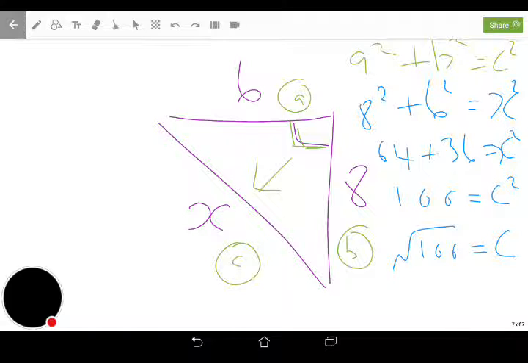The square root of 100 is a number multiplied by itself that will give us 100, and that we know is 10. So the length X, well, I've called it C again, haven't I? Sorry about that. The length X is actually 10.